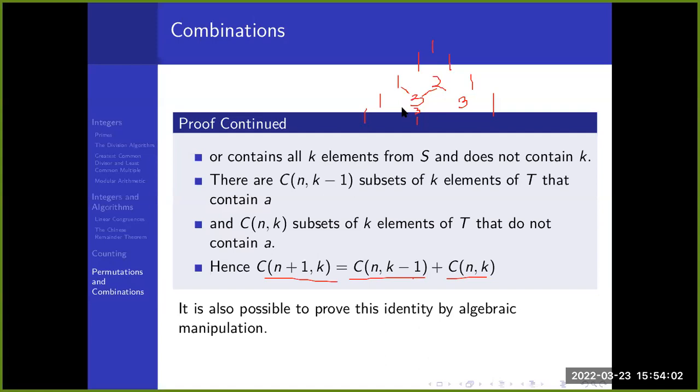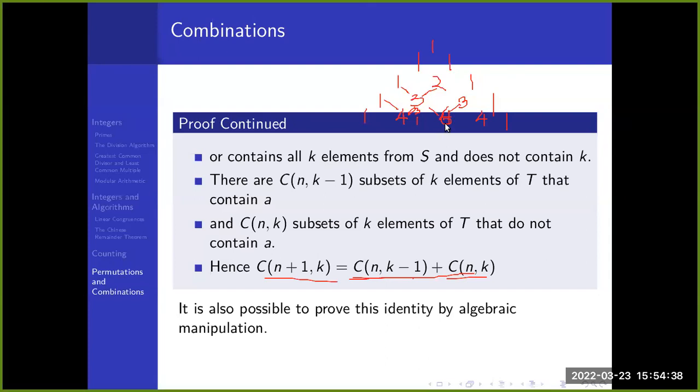We have 1, 4, 6, and 4 and 1. If you want to get 4, we will have 3 plus 1. So it's the addition that's going on. If you want 6, it is 3 plus 3, right?